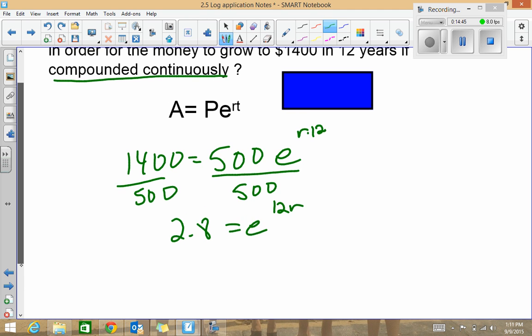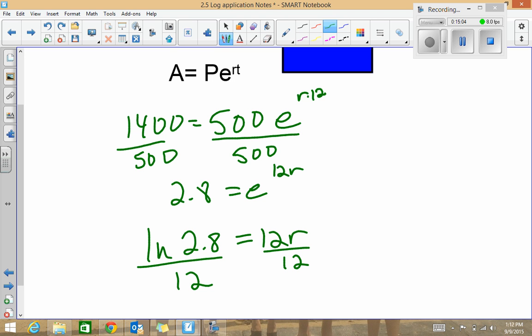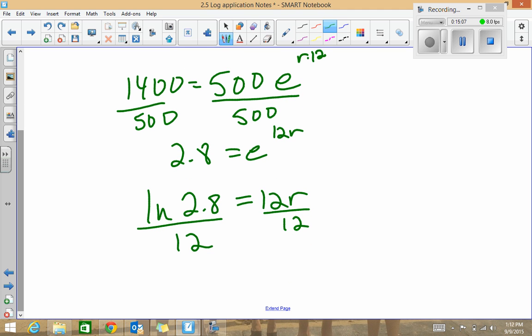Now again, our variable's in our exponent, so we want to rewrite it using a log, and because it's a base e, it'll be a natural log, so we would say ln of 2.8 equals 12r. Now again, to get the r by itself, we're going to divide by 12. So now the answer will be ln of 2.8, and just ln of 2.8.